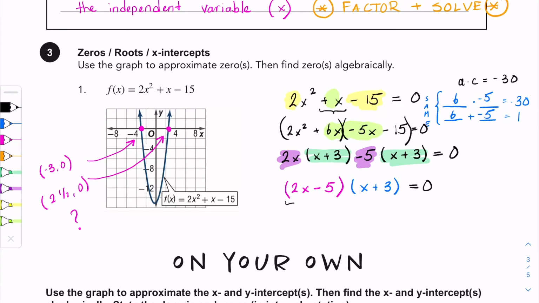Once you get to this point, you set each factor equal to 0. 2x minus 5 equals 0. 2x equals 5, or x equals 5 over 2.